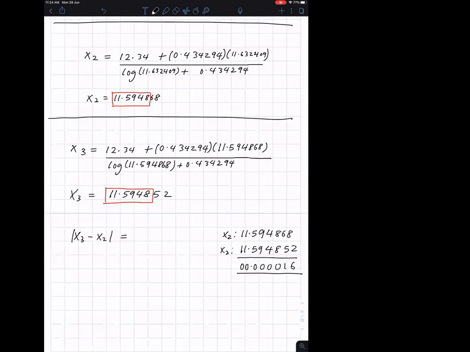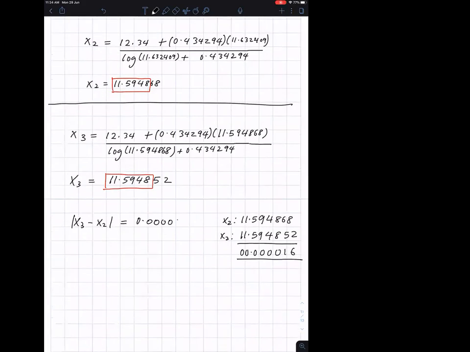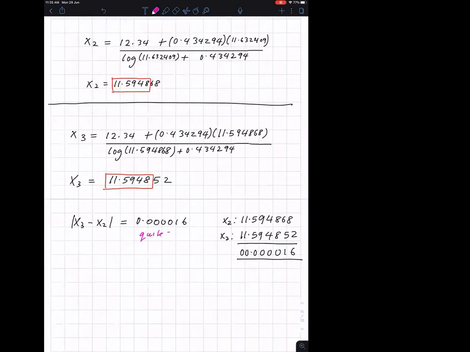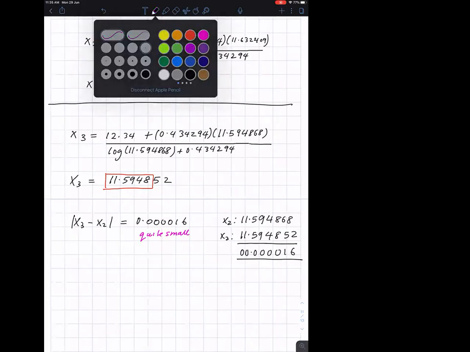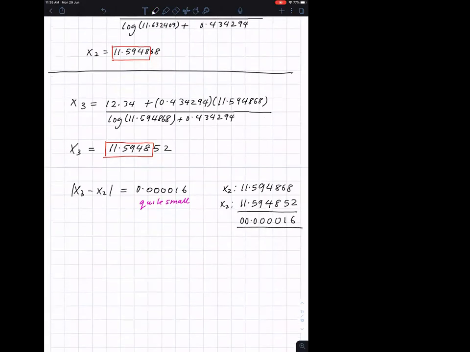So it's very small, quite small, right? If you're happy, you can accept this as the solution because the difference is so small from the previous one. It is almost not changing. Therefore, I'm going to accept it. Very small change.